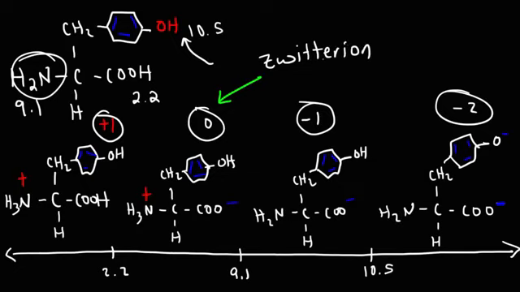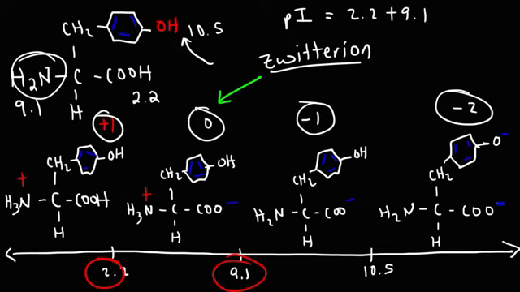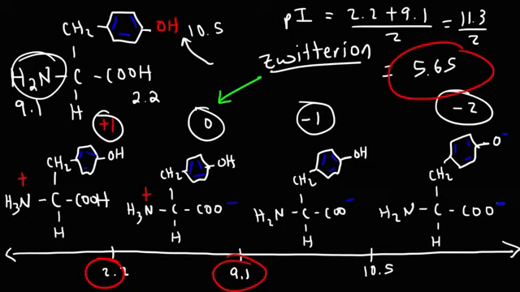Now that we've identified the Zwitterion, we need to take the average of these two pKa values. So the isoelectric point is going to be 2.2 plus 9.1 divided by 2. That's 11.3 divided by 2. And that works out to be approximately 5.65. So that would be the isoelectric point of tyrosine.